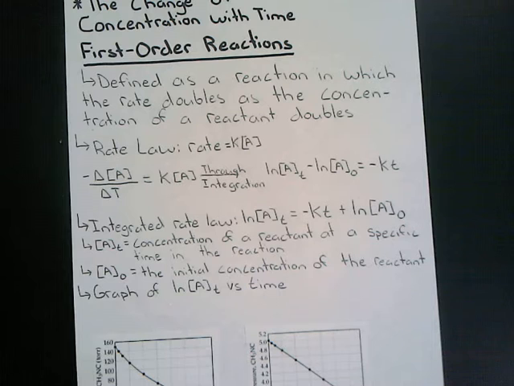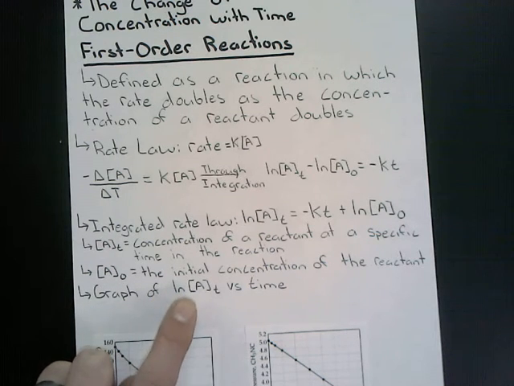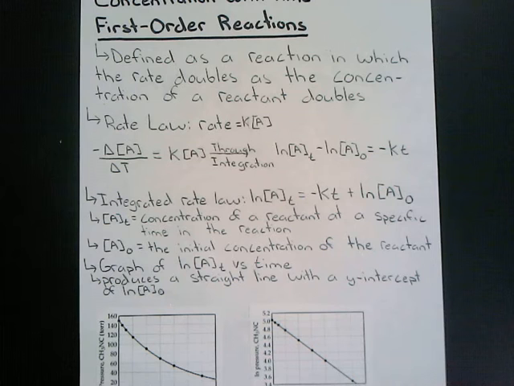Number one, this graph of natural log of A at a specific time versus time is going to produce a straight line with a y-intercept at the natural log of the initial concentration. And the other thing that we need to be aware of is that this particular equation is going to have the slope equal to negative the rate constant, or negative k.